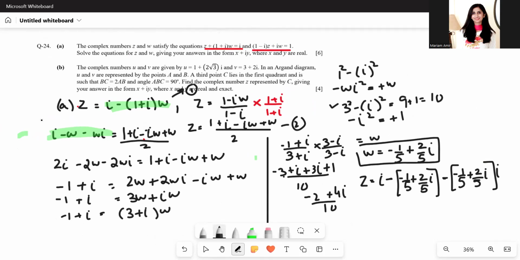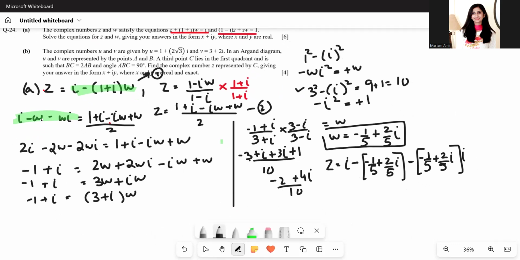Okay, so let's expand this. z equals i plus 1/5 minus 2/5 i. Okay, and then plus 1/5 i and then minus 2/5 i squared, that is plus 2/5.